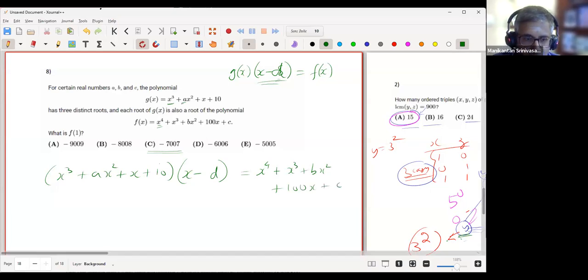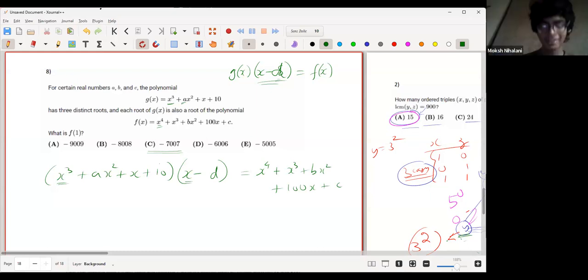Now you are just comparing coefficients. x cube times x is x power 4. So let's compare the coefficients for x cubed and equate both. Is that right? Yes, exactly.